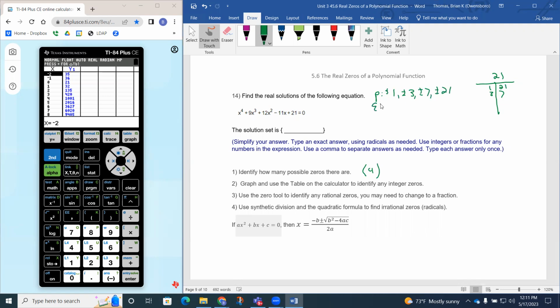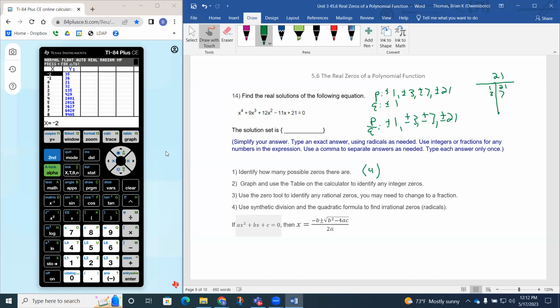The q was the leading coefficient factor. Since it's a 1, it's just plus or minus 1. So the potential rational zeros would be written as p over q. So 1 over 1 is just 1. 3 over 1 is just plus or minus 3. And we'd have plus or minus 7 and plus or minus 21. So that's what we'd be basically looking for in that situation.